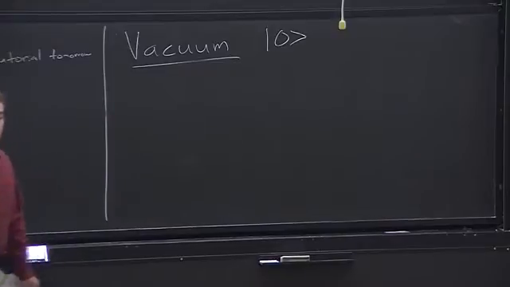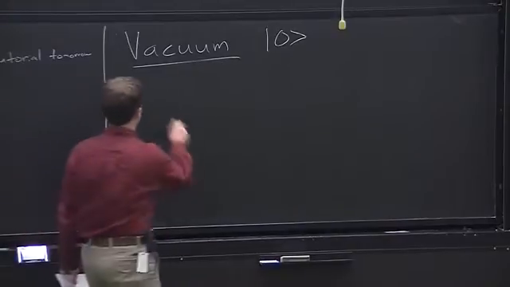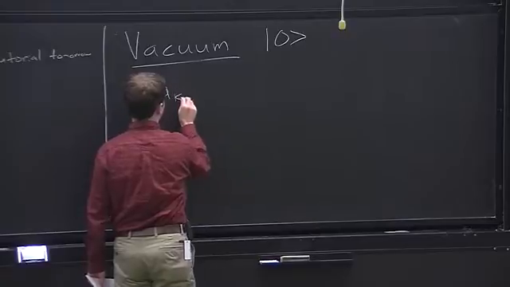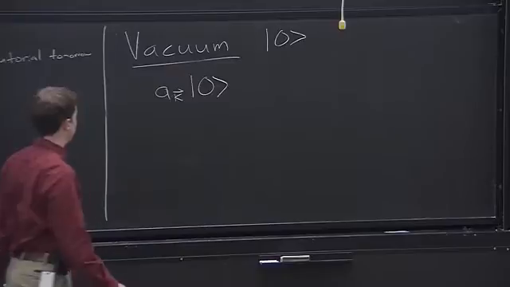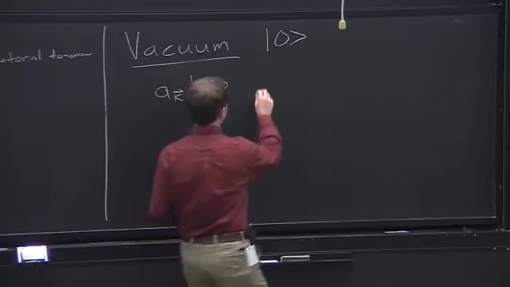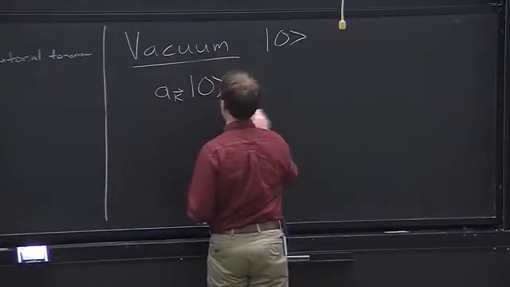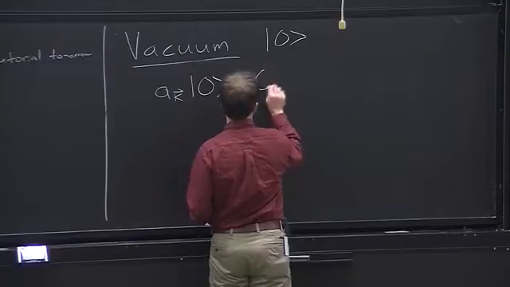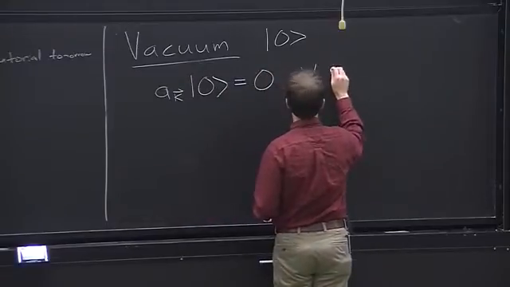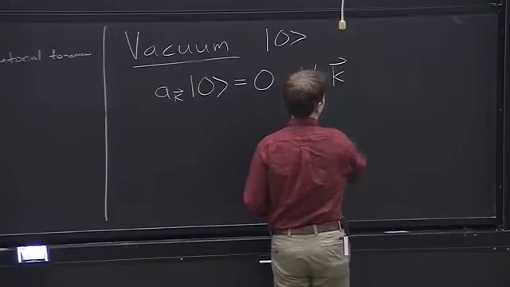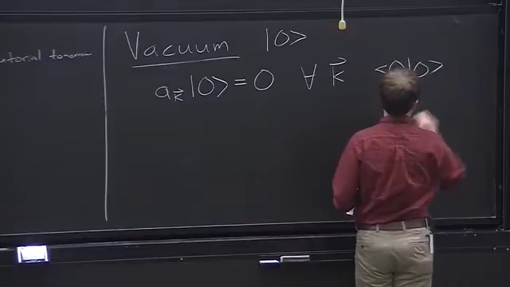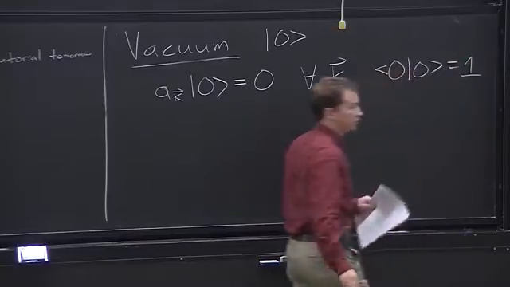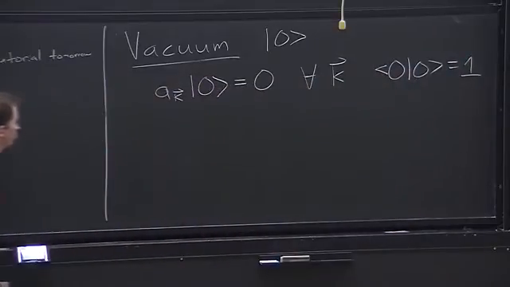The vacuum is the state that is annihilated by all of the annihilation operators. So a_k acting on the vacuum is 0 for all k. And we'll assume that it's normalized, so we'll set <0|0> equal to 1, so that we can take this as the definition of our vacuum.